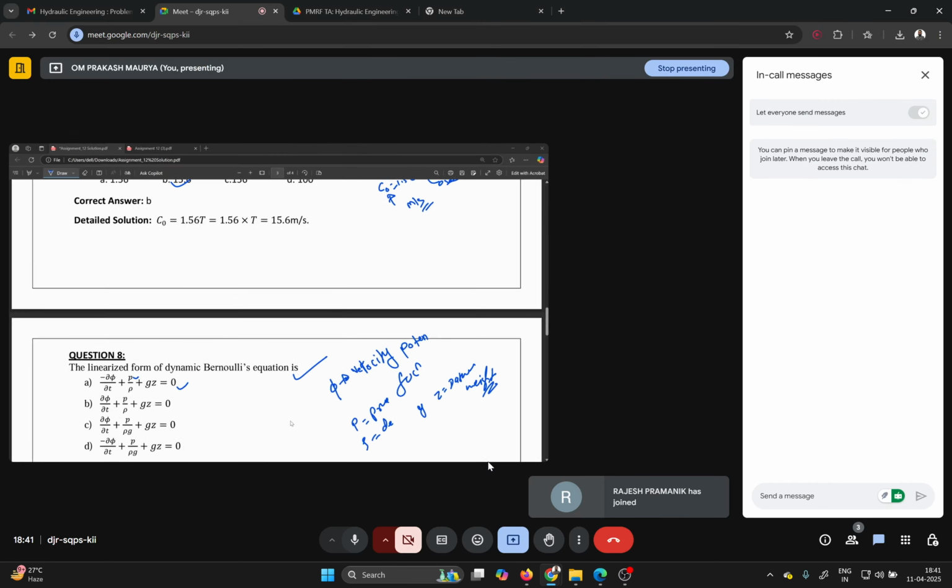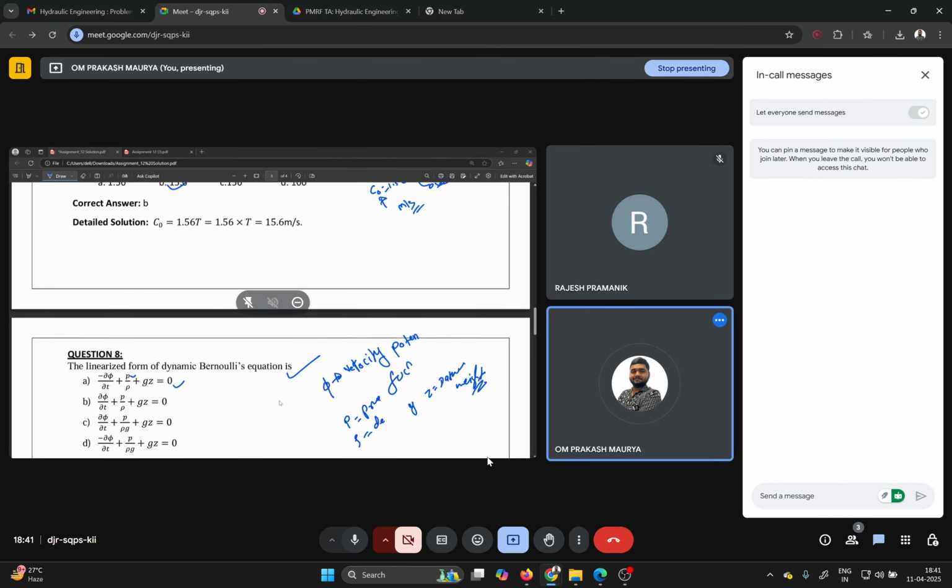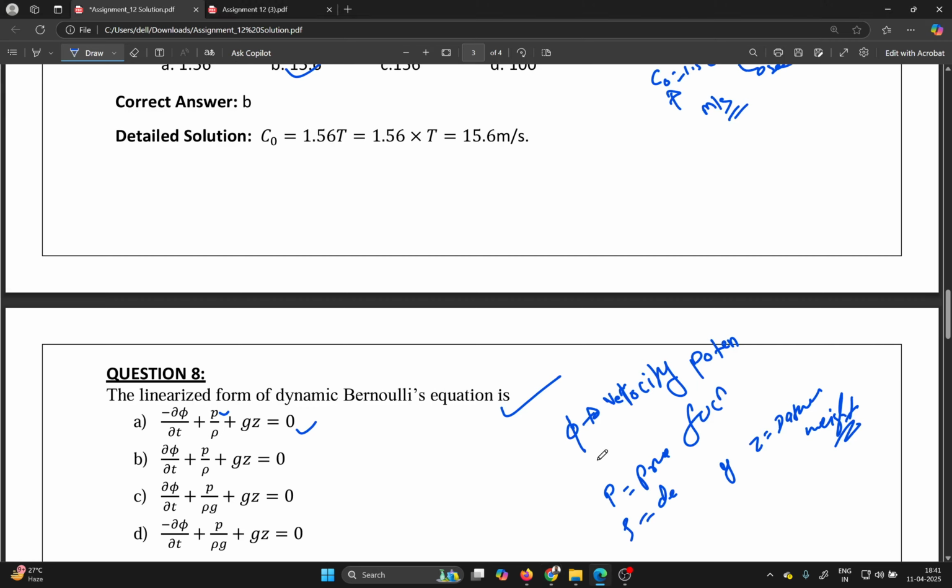I think someone joined. Okay. So I'm talking about question number 8. So please just read and try to write your answer in the chat box. And option B is del phi by del t, p by rho, z, gz. Option C, del phi by del t, p by rho, z and gz, and option D minus del phi by del t, p by rho, z plus gz.